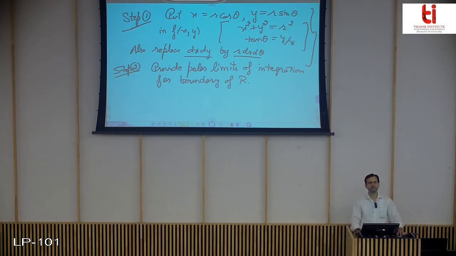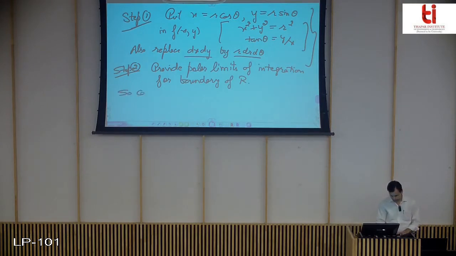Now you just have to change those limits of integration from Cartesian to polar using the same region of integration, because the region will be the same whether you sketch it in Cartesian or in polar. Using the Cartesian region that we have plotted, we will change the limits of integration from Cartesian to polar. This is what we will do in step 2.